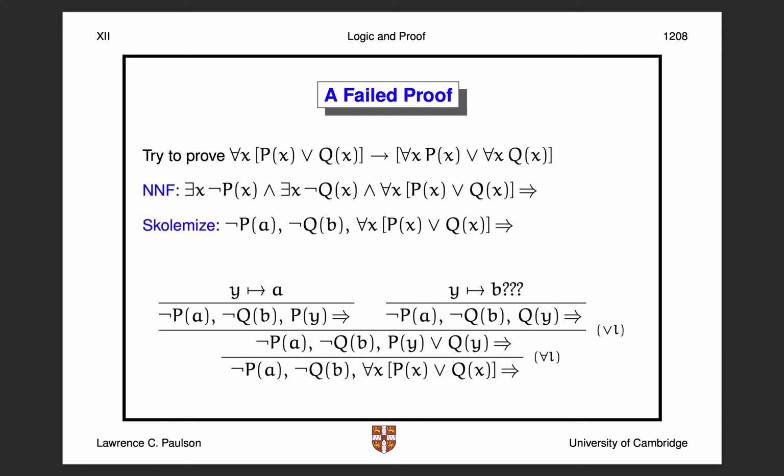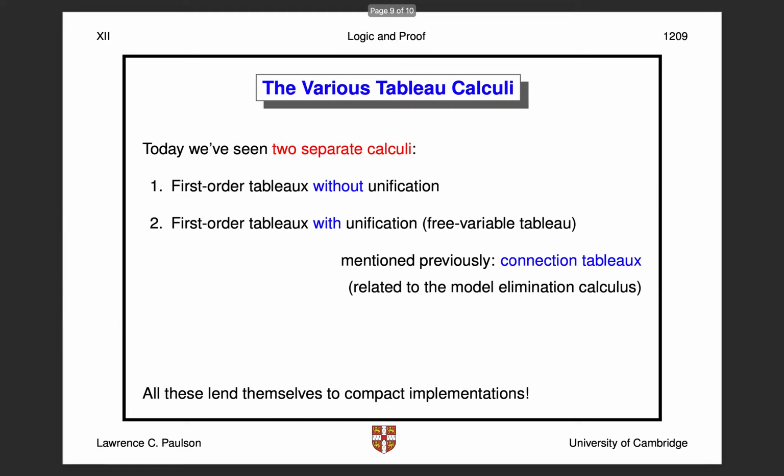As a general rule, if you want to understand a formal calculus, look at how it handles quantifier proofs such as these. So just to remind you where we are, we have seen two separate calculi today. The first order tableau without unification, and that is just the sequent calculus with negation normal form and with only the left side of a sequent present.